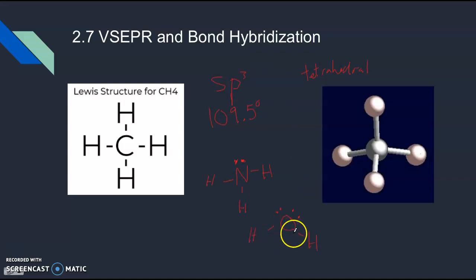It's 104.5 between the hydrogens, because the two lone pairs take up more space. But if you just simply said 109.5 for this, you'd be in good shape too. The name of this shape is bent. It's a bent structure when you have 2 bonds and 2 lone pairs on the center atom. So all those structures are based on sp3 hybridization.